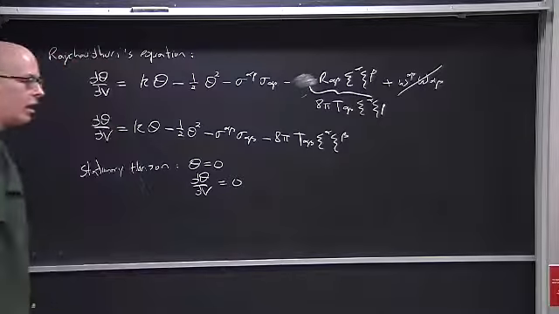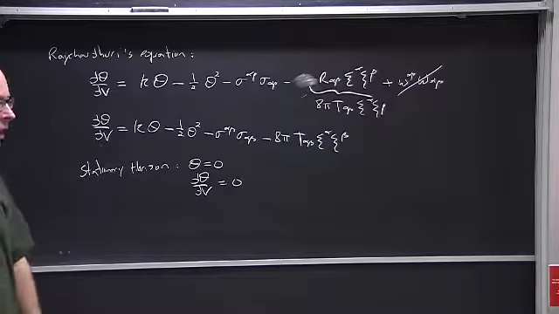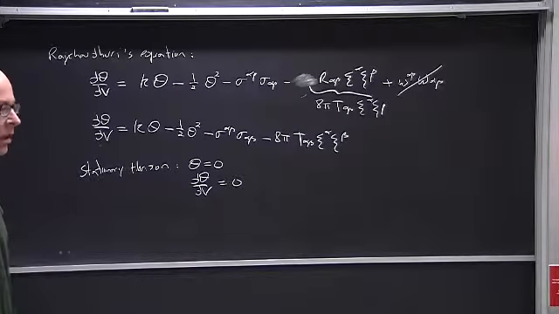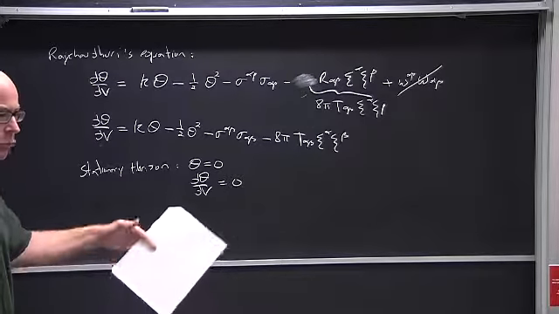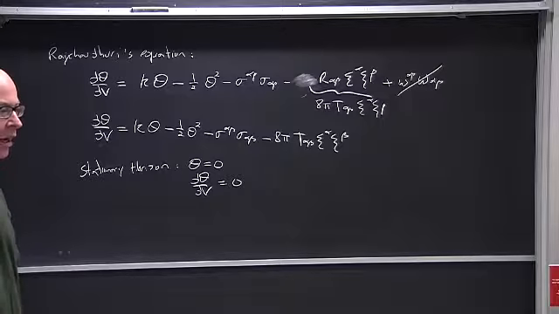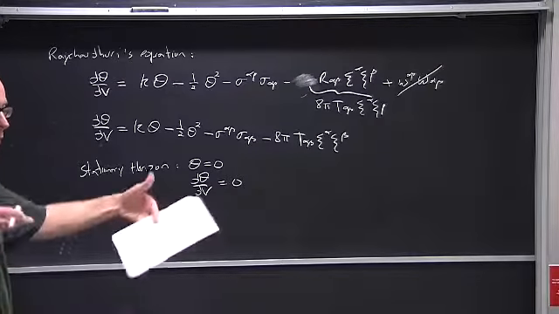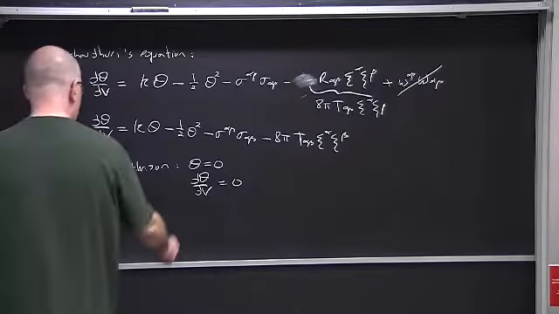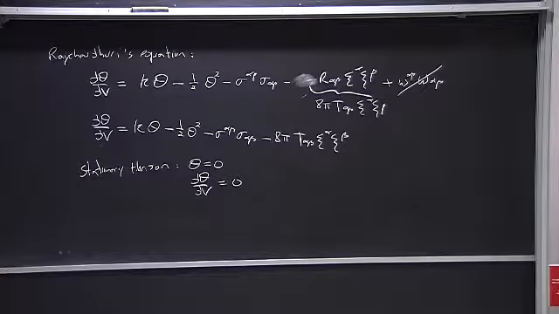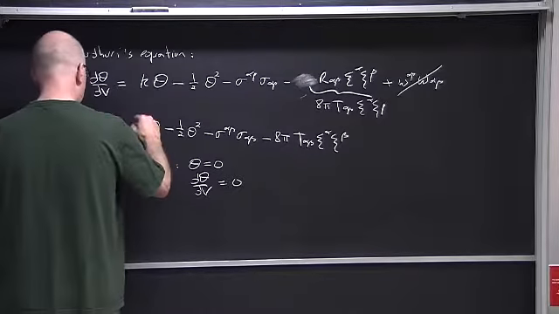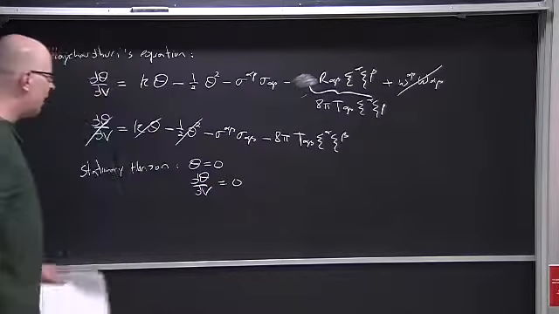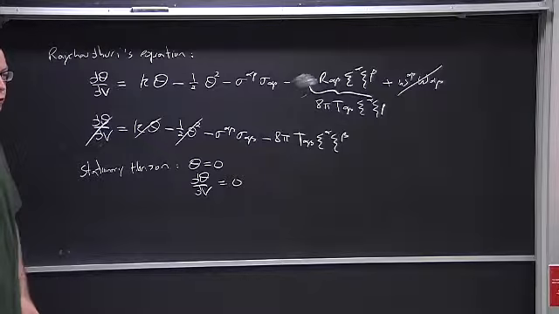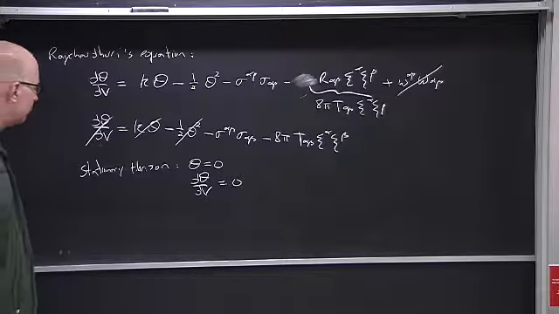If my horizon is expanding, I don't have a stationary situation. And as we're going to see, the second law of black hole mechanics forbids my horizon from shrinking. So here we consider basically the marginal case where we have a stationary horizon and therefore 0 expansion. If we have that, then we can kill this, we can kill that, we can kill this, and we have to conclude that the sum of those two terms is equal to 0.